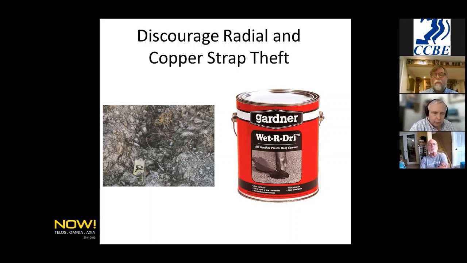So a scrap metal company, if they see copper brought in with this stuff on it, will tell the guys, hey, we don't want it. Most of the copper thieves know that. So if they see your copper strap painted with this, they won't even bother, because it's a waste of their time. I saw a guy a few years ago, in a YouTube video, taking a pair of vice grips and trying to rip this stuff off a piece of copper strap, and it was almost impossible.